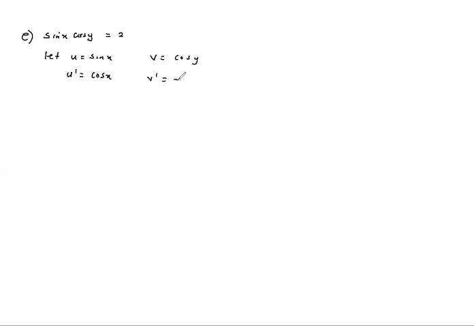Its derivative is negative sine y and dy/dx. So from there, we have u prime, which is cos x multiplied by v, plus, and then there's a minus, so we'll have minus sine x sine y dy/dx is equal to 0.